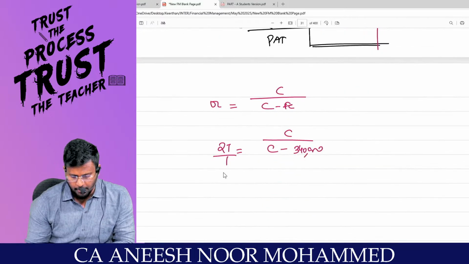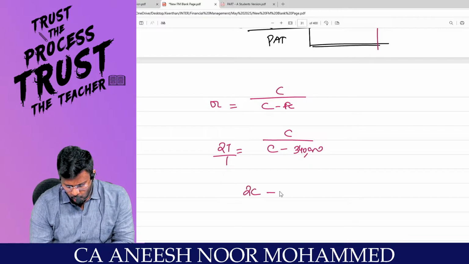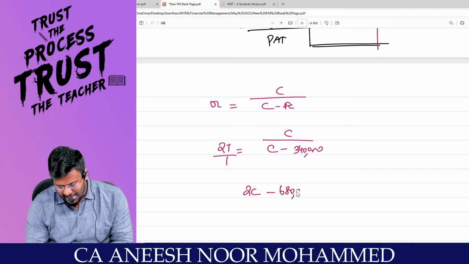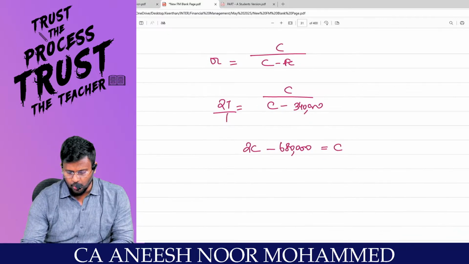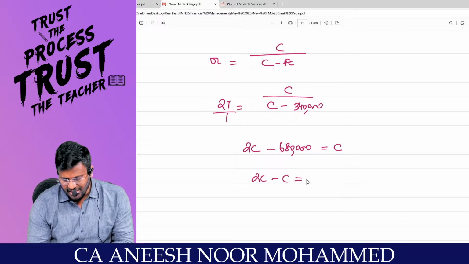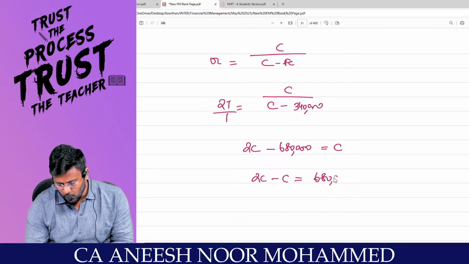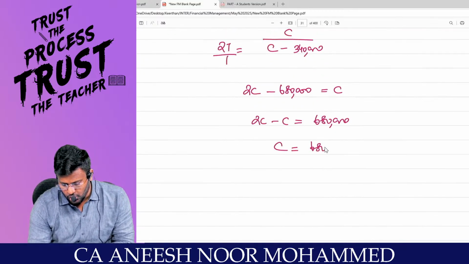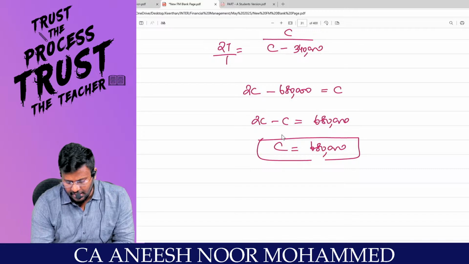Can I cross multiply? That means 2 contribution minus 6,80,000 should be equal to contribution. So contribution should be equal to 6,80,000.